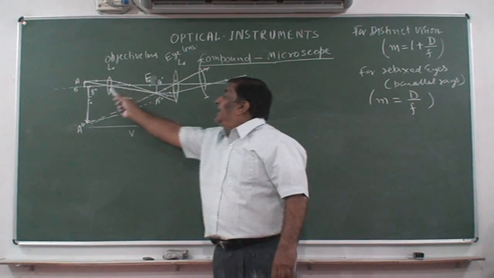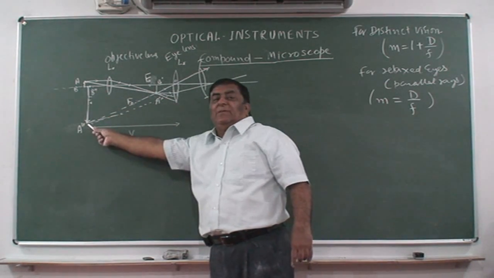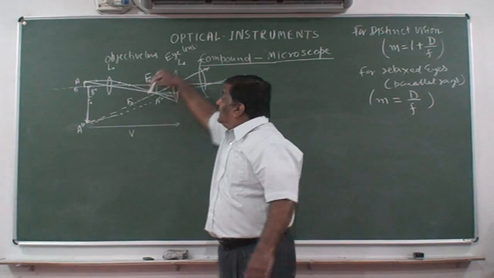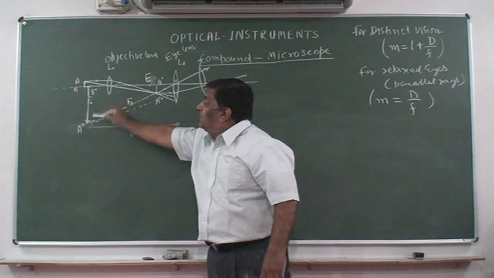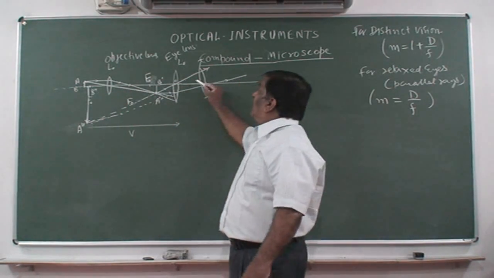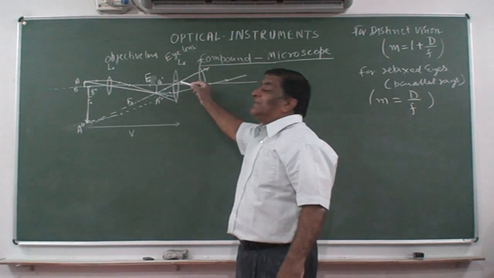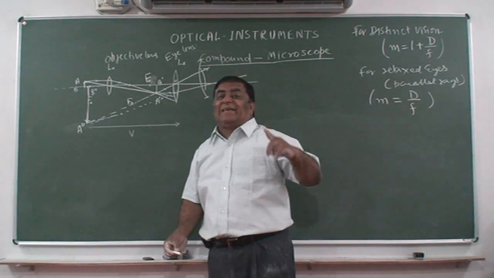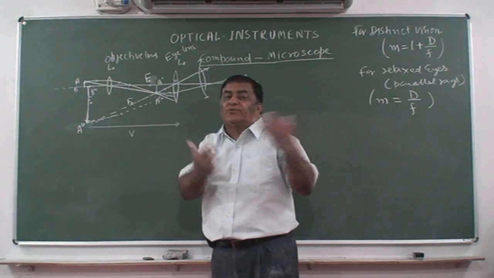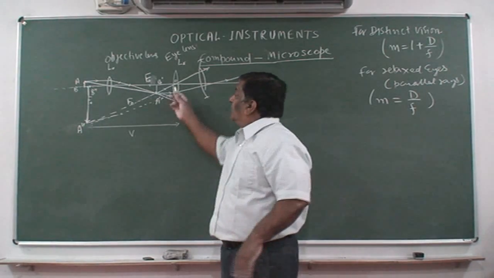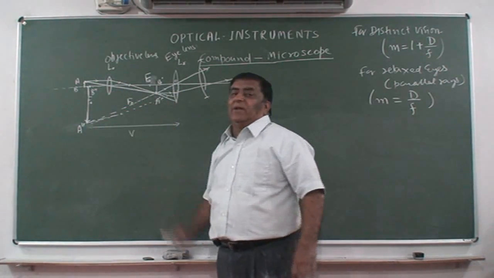So this makes again a magnified image on the same side in the same direction, but it is magnified. This is by the eye lens. Now here this eye lens is acting as a simple microscope, a magnifier. So it is making it large.